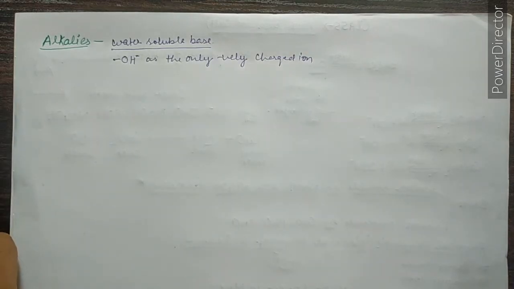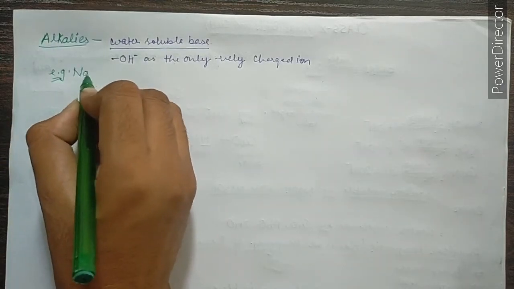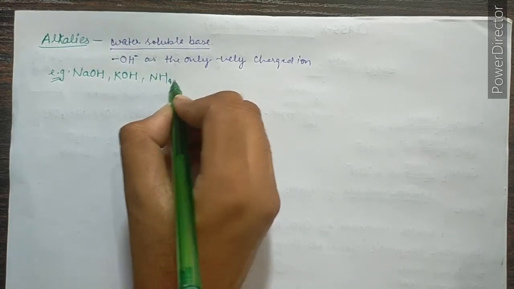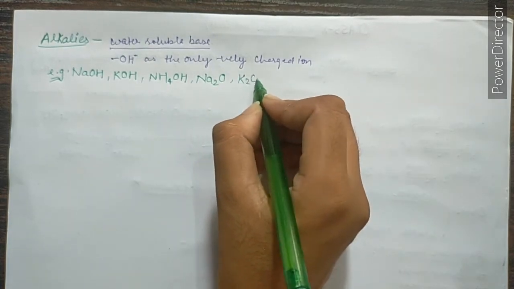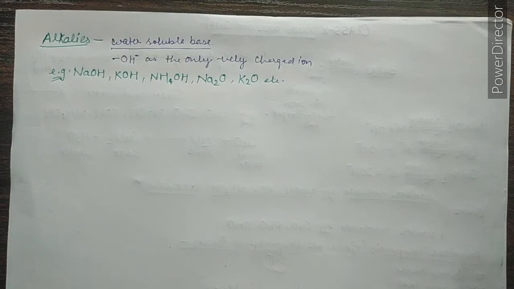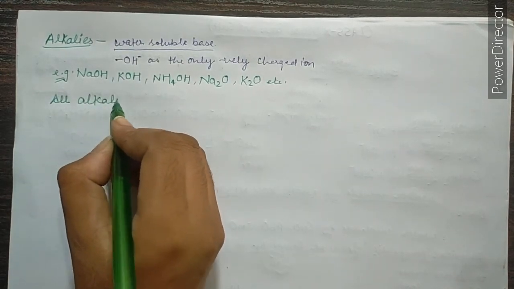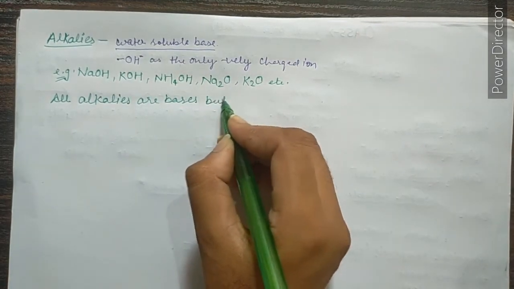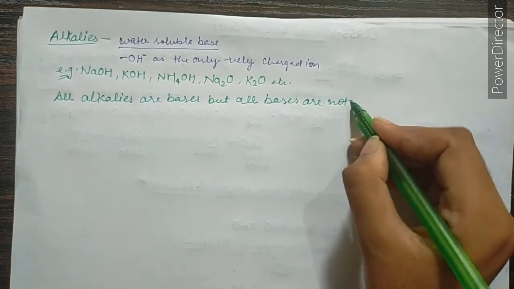For example, NaOH, KOH, NH4OH, Na2O, K2O, etc. Here again remember that all alkalis are bases, but all bases are not alkali.